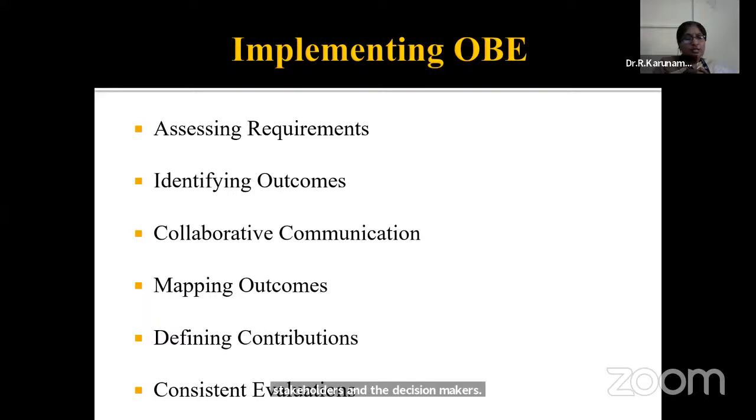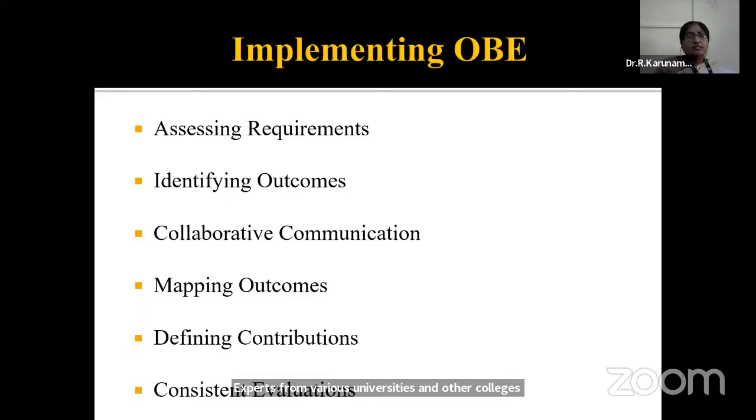The process requires very detailed feedback, as we discussed in the first point, from the students, including alumni, teachers, parents, industry experts, experts from various universities and other colleges and universities, administrators.